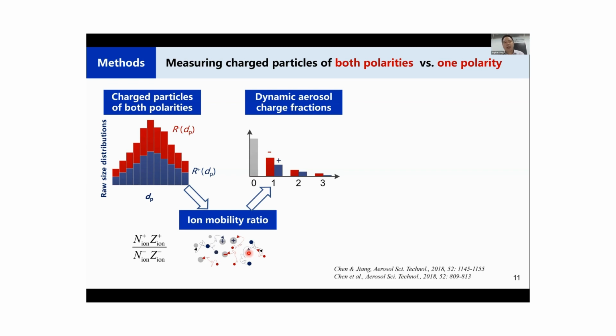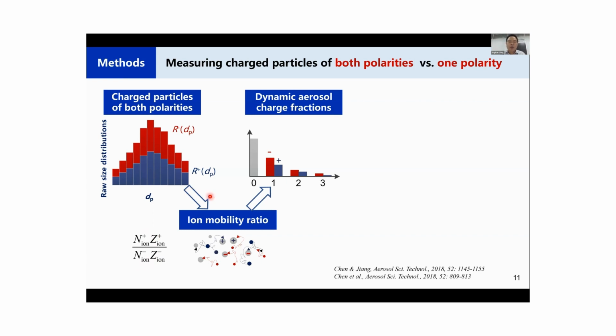Because in this bipolar charging environment, we have competition among particles, positive ions and negative ions. So if the negatively charged particles are more abundant than the positively charged particles for a given size, that should indicate that the product of negative ion concentration and mobility is higher than the product of ion concentration and mobility of a positive ion.